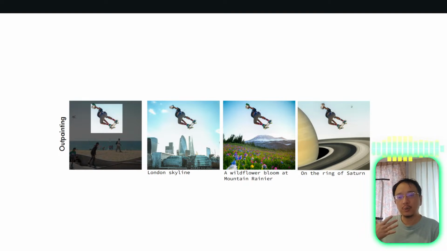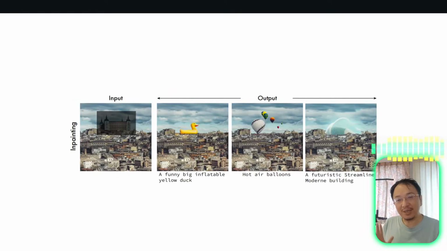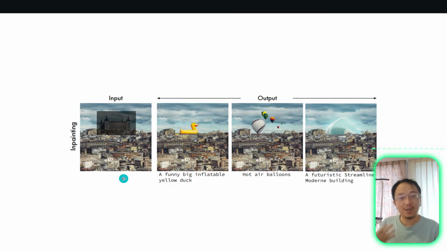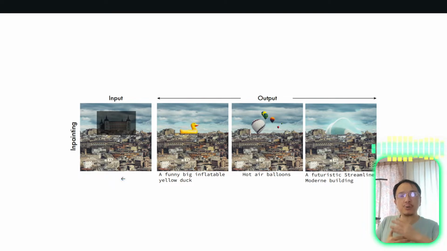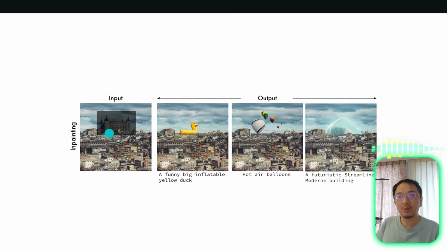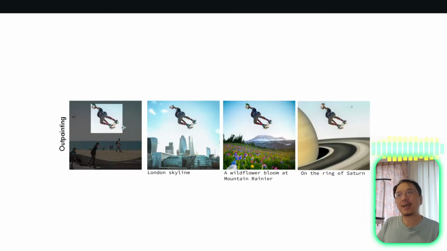Let me go back to the selection of the mask when we do the training. If this is the sort of application that we are aiming for, then maybe we should not only consider the random mask pattern. We should also consider things like this one, where we mask out a rectangle in the middle, or, if we are considering outpainting, we should also consider a mask like this one.